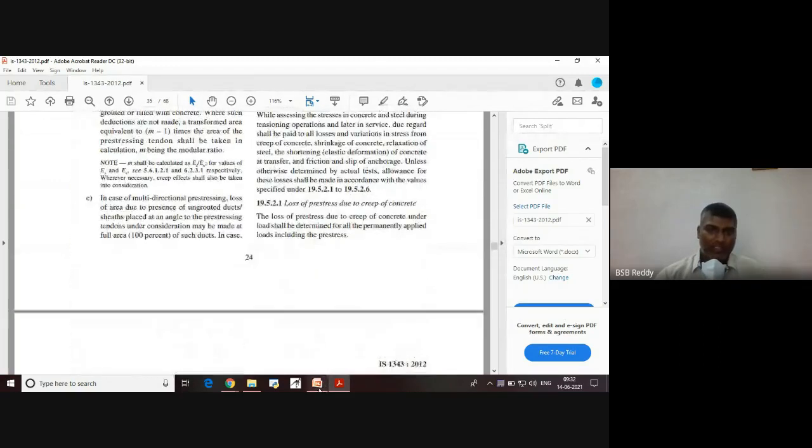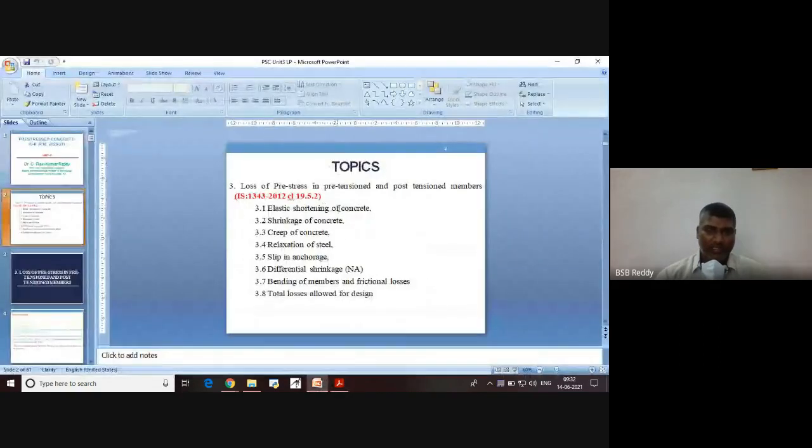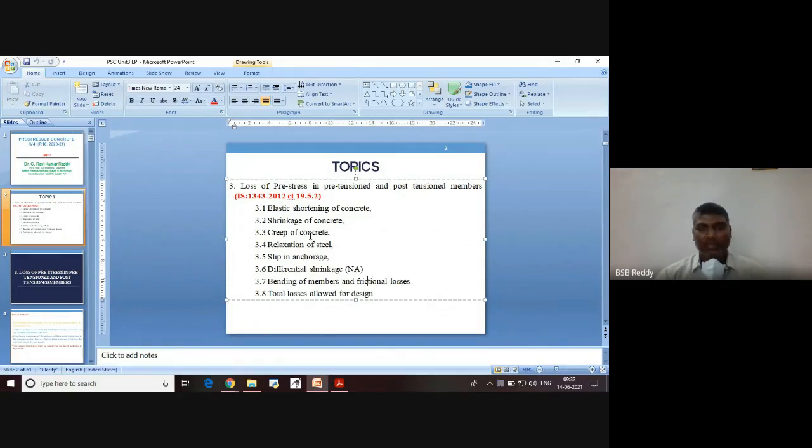Whatever we have mentioned in our syllabus. Okay, you have elastic shortening, shrinkage, creep, relaxation, slip, and friction. The six types of loss of pre-stress are there. So these six categories are available in this IS code as subclasses in 19.5.2.